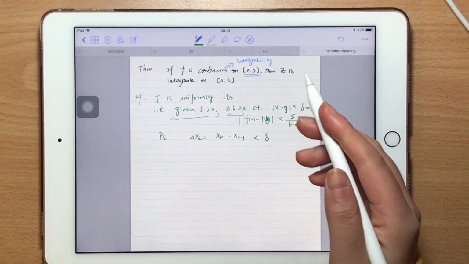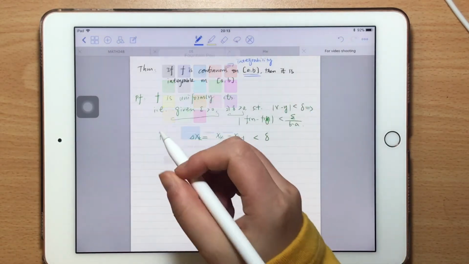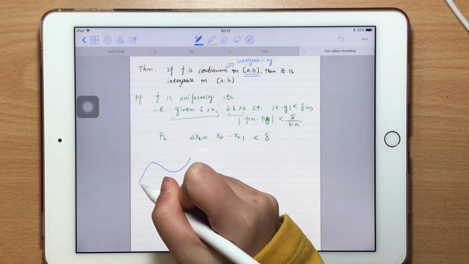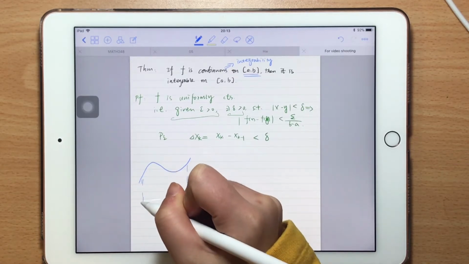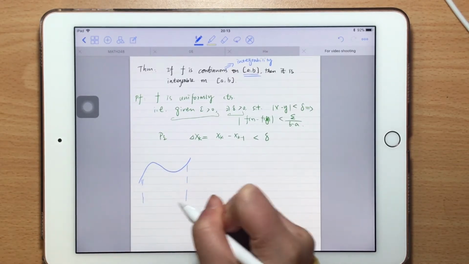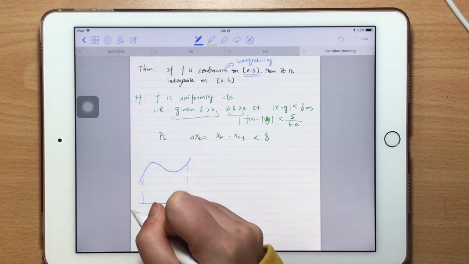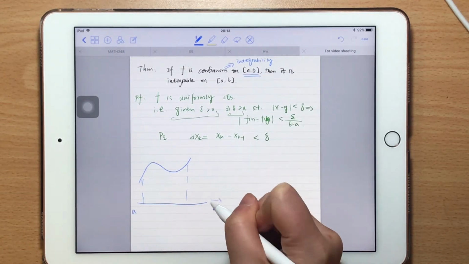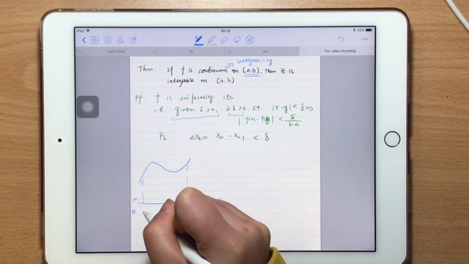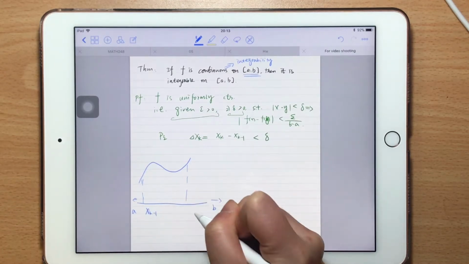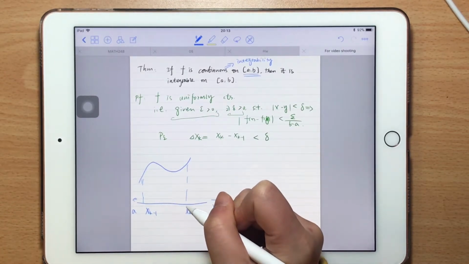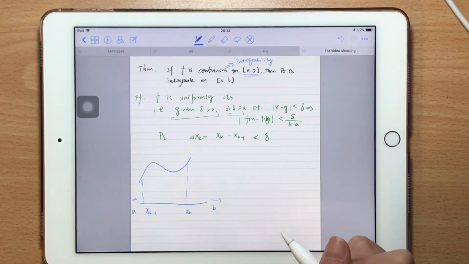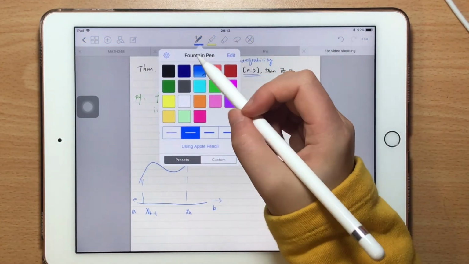Okay, so let's look at a graph. Say this is our interval AB, which might be far away, and this is our small subinterval xk minus 1 to xk. What we know is that f is continuous on a compact interval AB.